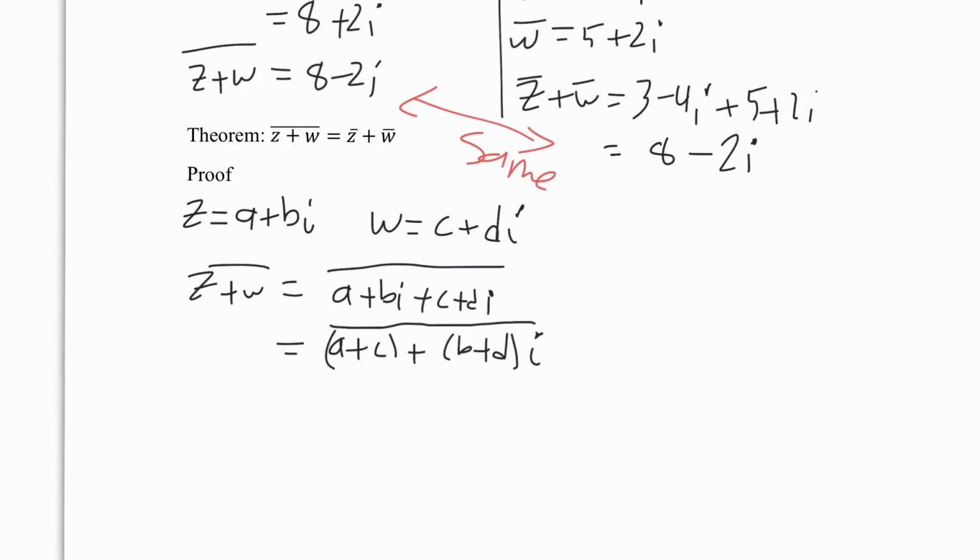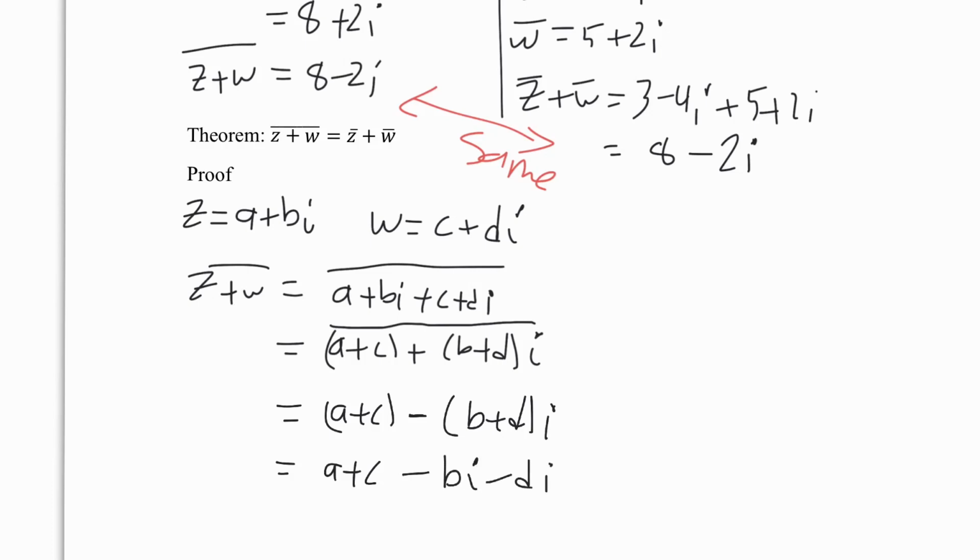Well, notice we now have it as a number plus a number times i. So it's in its proper form, and we can do the conjugate, which means this number here is going to become negative. We switch the sign. All right, well, we can drop the brackets now. It's not as necessary. And we're going to distribute that, so negative bi, negative di.